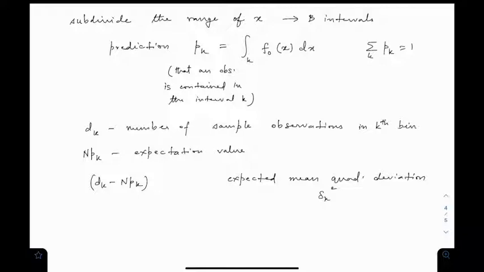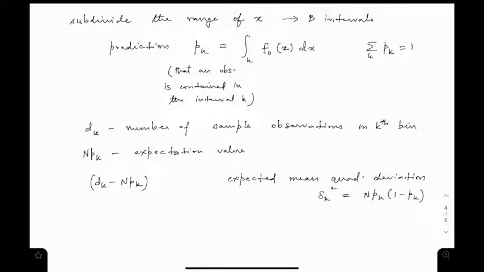Now we know that the distribution of observations into bins follows a binomial distribution, and this implies that delta k square is given by n times pk multiplied by 1 minus pk.